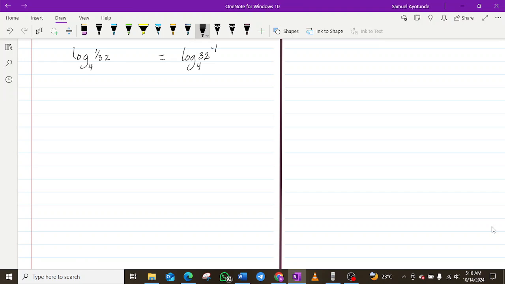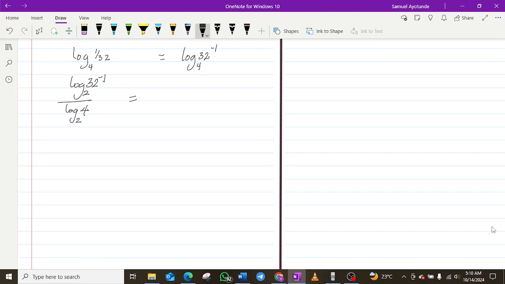So I have log 2 in the numerator, and also log 2 in the denominator. The argument will become the one at the numerator, while the previous base will become the one at the denominator.